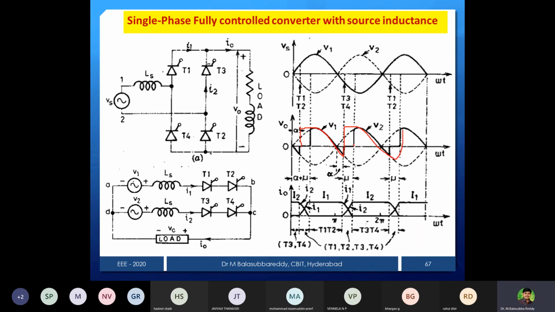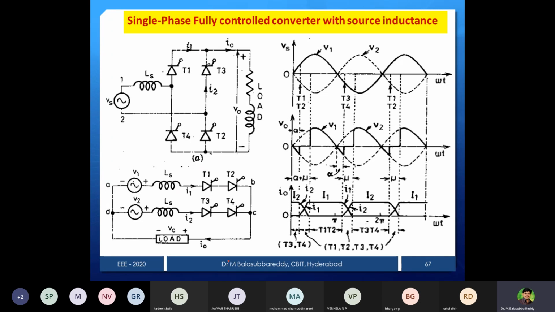But now for some duration we have made it 0. Because we started at alpha here itself, it has to show some magnitude, but now I have shown it as 0 when you consider the source effect. So during the overlap period, some amount of voltage is going to be reduced.